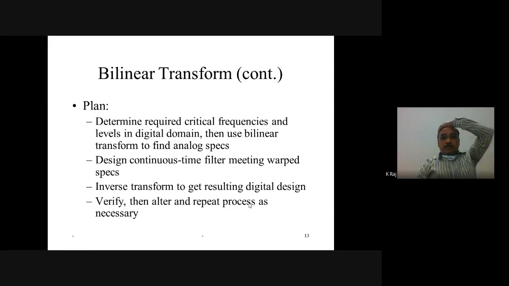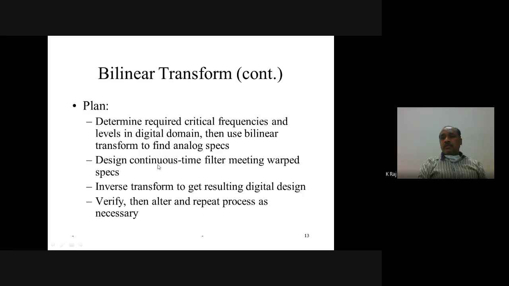Now what is the plan? So during the time of designing such a filter, determine the required critical frequencies and levels in the digital domain, and then use the bilinear transform to find the analog specification.